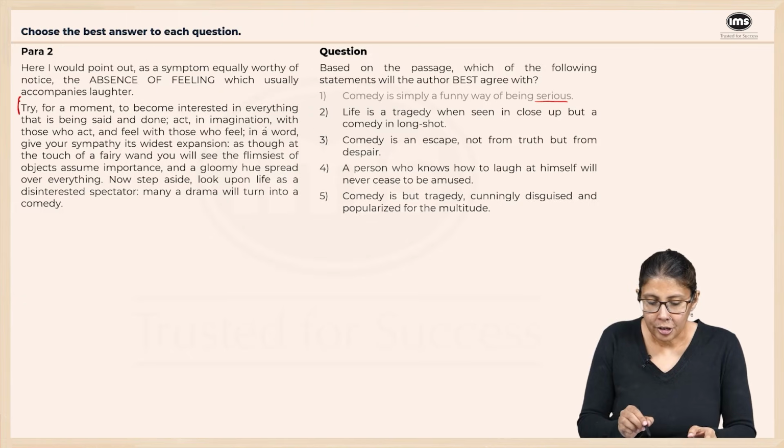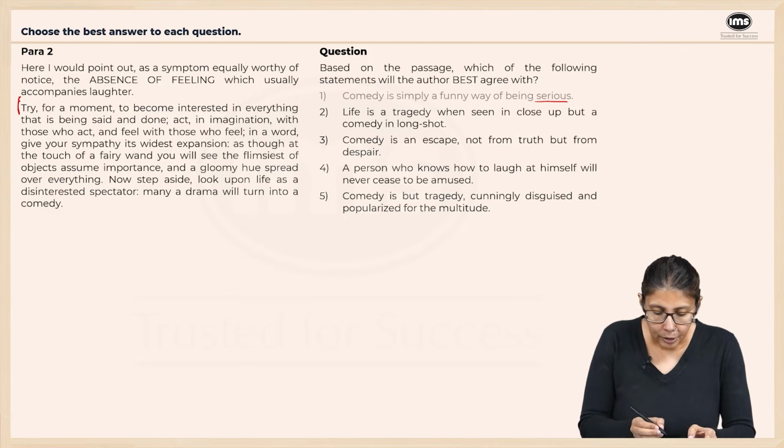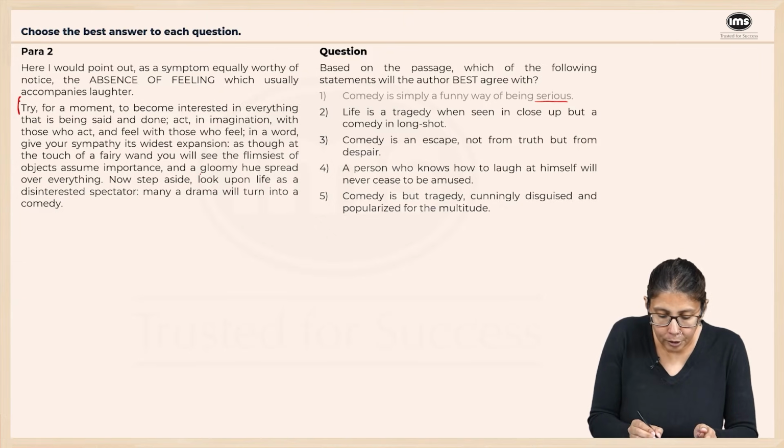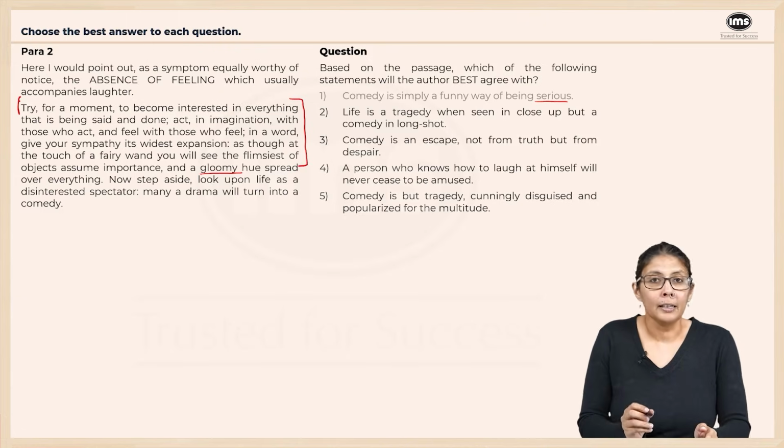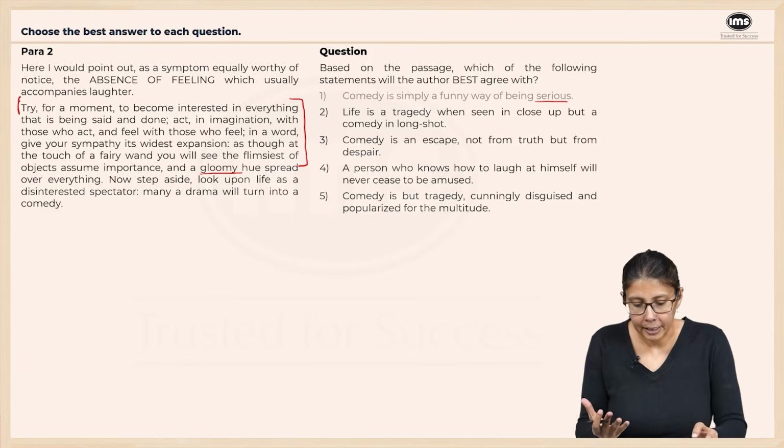If you become interested in everything that is being said and done, act with those who act and feel with those who feel, in a word, give your sympathy its widest expansion, then you will see the flimsiest of objects assume a gloomy hue. So from here to here, we're trying to say that if you are involved in the situation or in the lives of people in that situation, then you're probably going to sympathize with them and you will not find it funny.